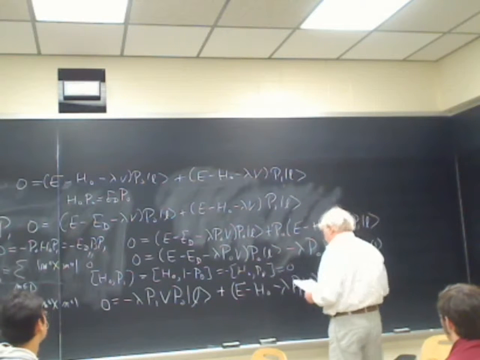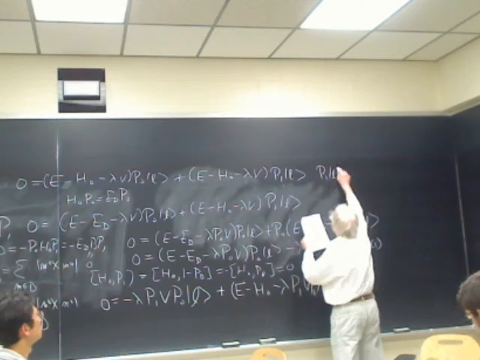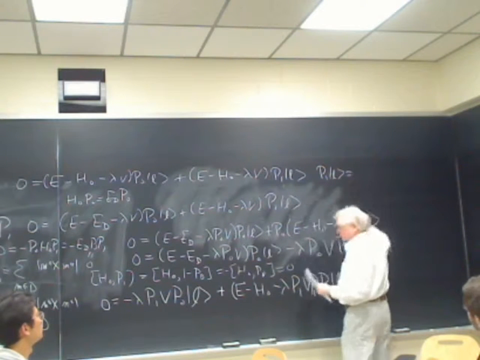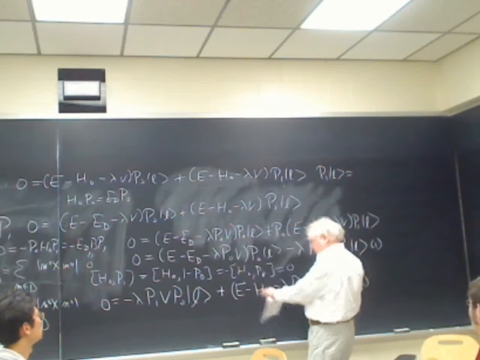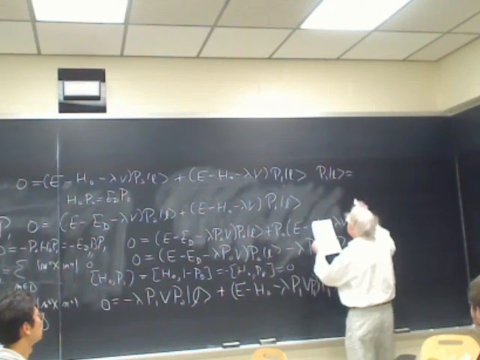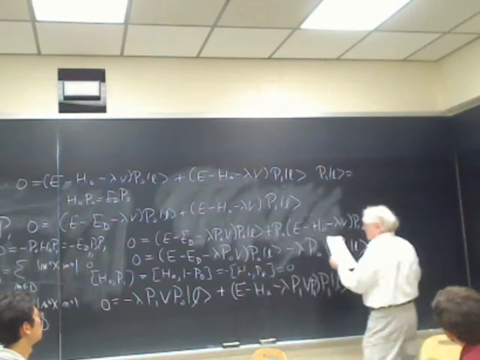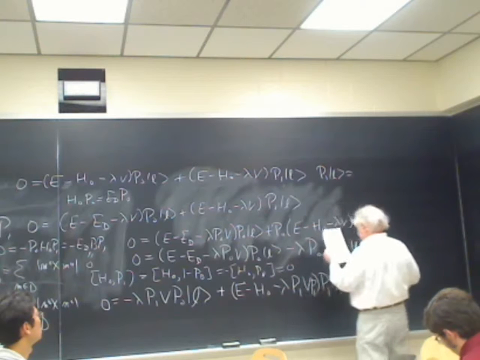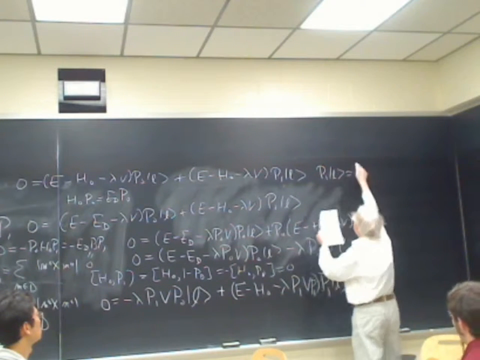And when we invert it, what we get is P1L is equal to, so we just multiply by this operator inverse on both sides of the equation, and what we get is that this is equal to this divided by that. And since there's a P1 here, we can multiply by an extra P1.